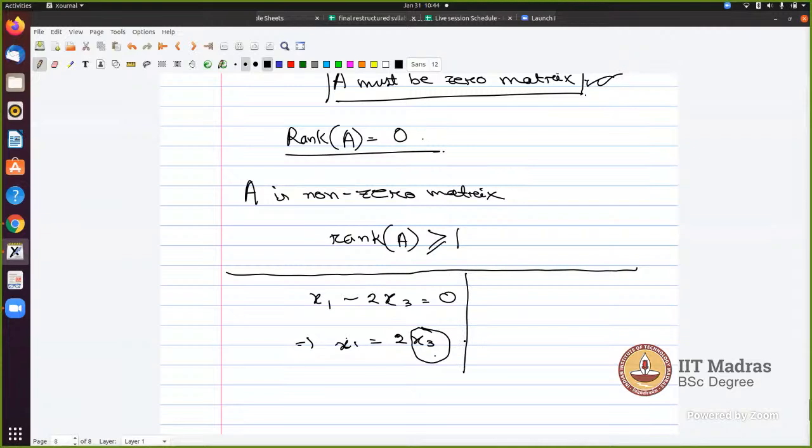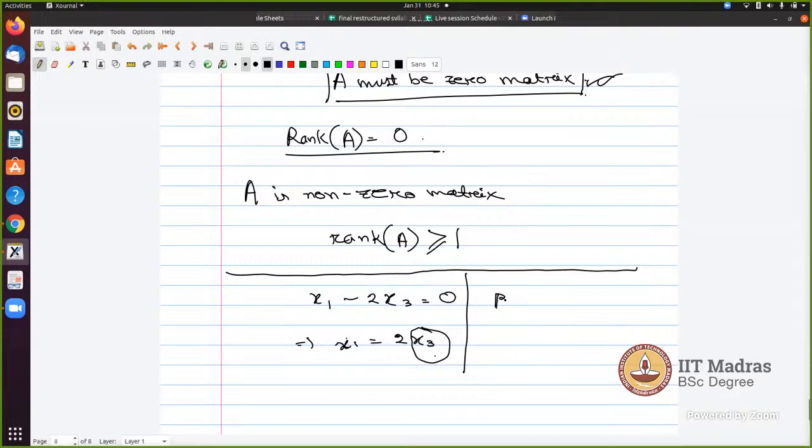Now what is a vector? A vector is something which gives directions also. But in mathematical language, what we have learned is this: suppose I have a vector space, and all the elements of that vector space we denote as vectors.